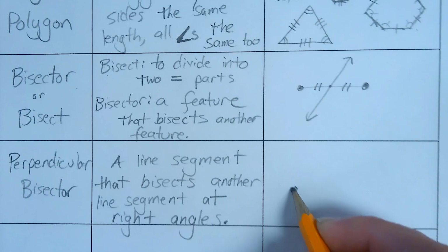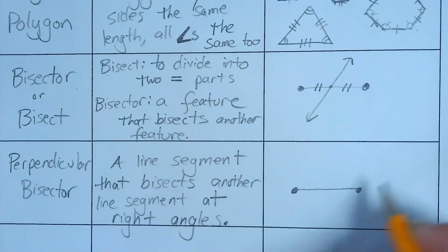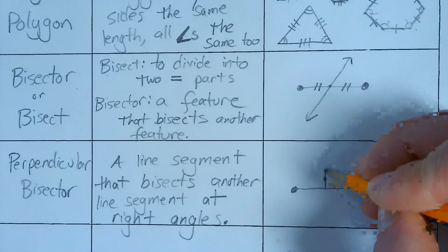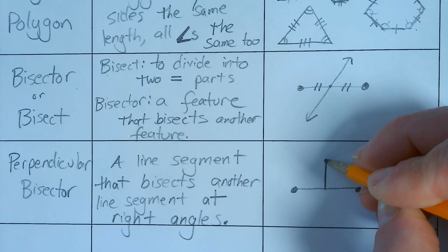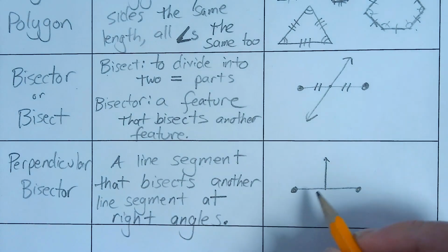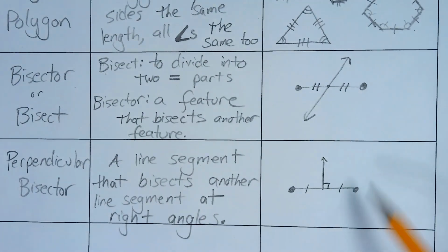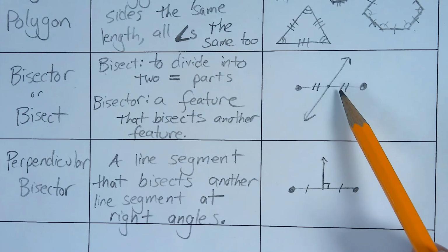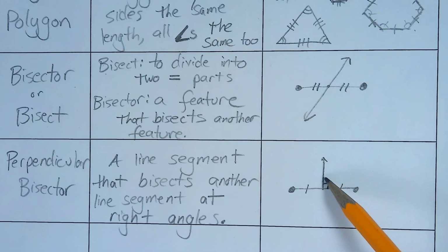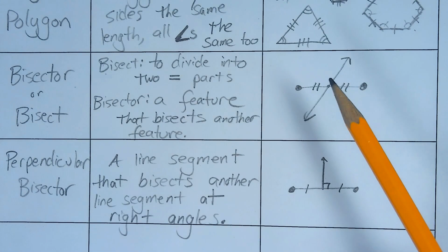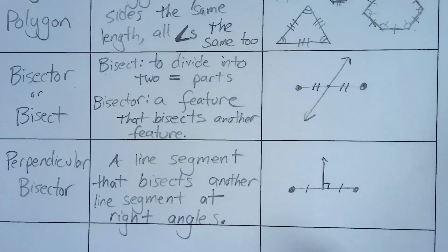So now this line is bisecting this line segment. This ray is perpendicularly bisecting. Okay, so we have bisectors and perpendicular bisectors.